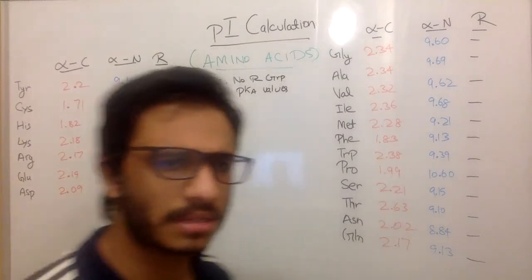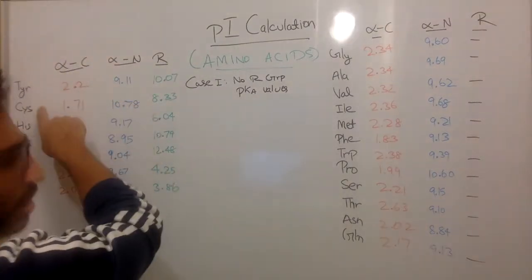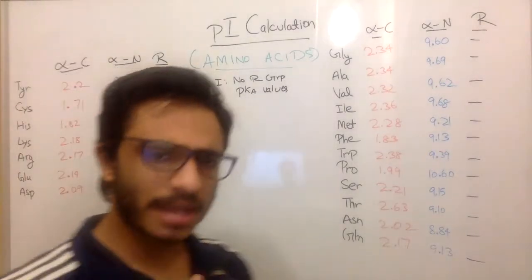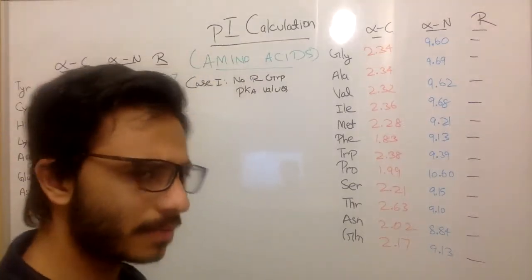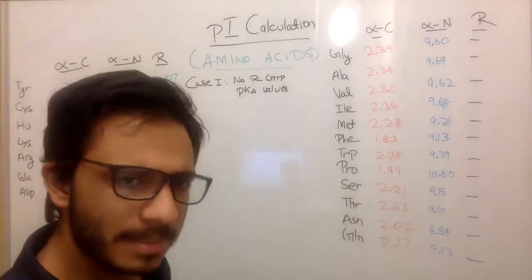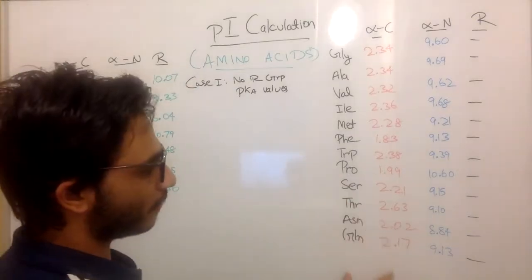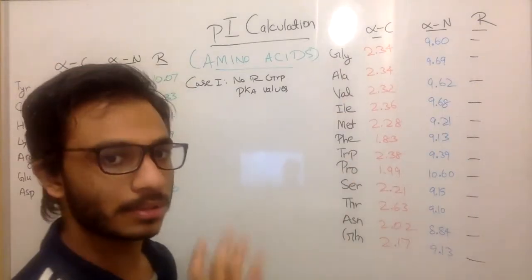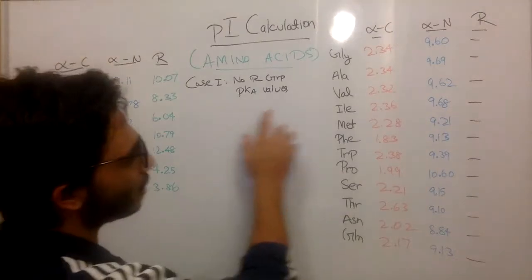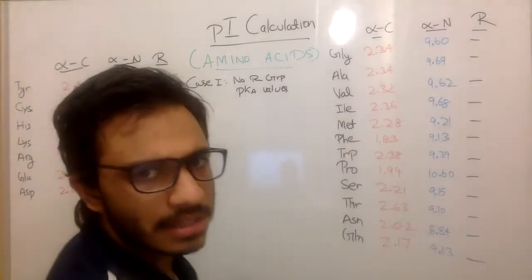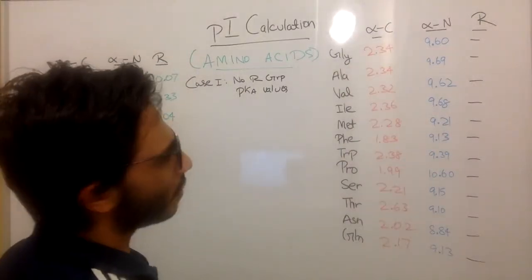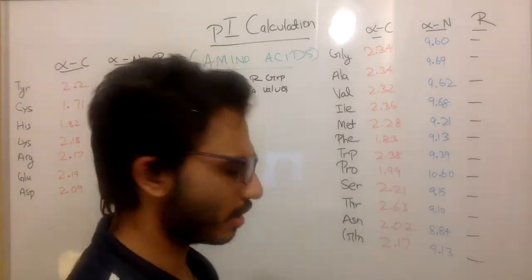But the only difference is that only tyrosine and cysteine can be ionized, right? So their R groups can be ionized. That's why they have a pKa value for their R groups, and these 4 and all of these 13 don't, right? So case 1, we consider these amino acids on the right side, all the ones that don't have any pKa values for their R groups.